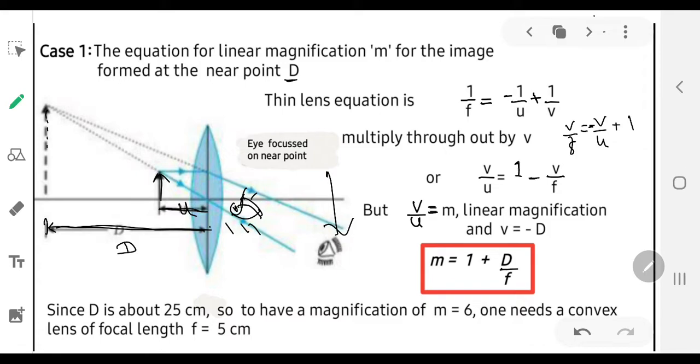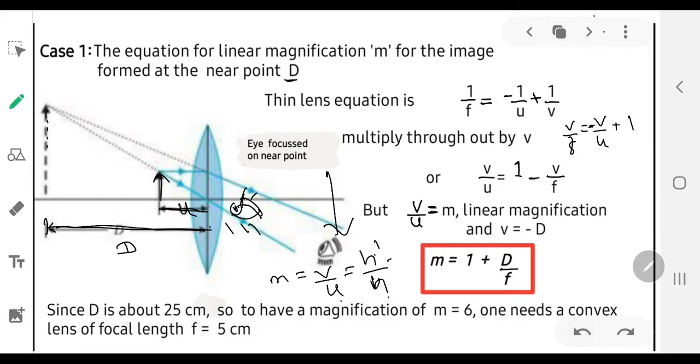And from the definition of magnification, m is v by u. Magnification is always image by object. That is either image distance by object distance, image height by object height, or, as you are going to see in the next session, theta dash by theta, that is the angle subtended by the image divided by the angle subtended by the object.